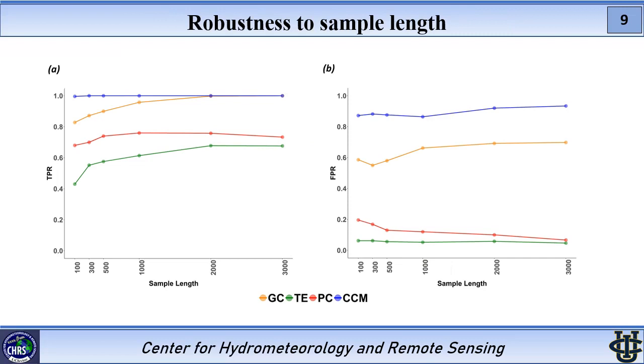What you see here on the x-axis is the sample length ranging from 100 to 3000. The y-axis shows the true positive rates on the left-hand side, where higher is better, and on the right-hand side, the false positive rate, where lower is better. You can see the trade-off that I talked about earlier, but you can also see that convergent cross-mapping in blue is less sensitive to change in sample length.